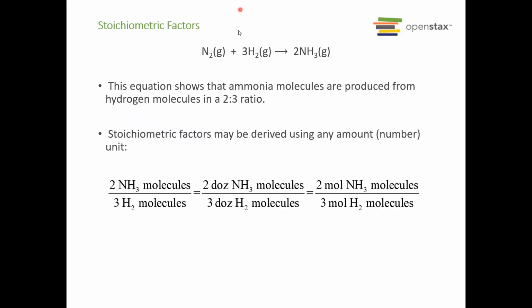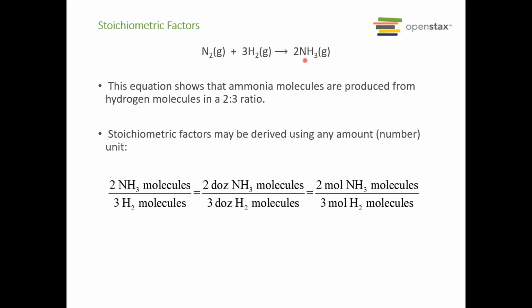So if we look at the Haber process, nitrogen and hydrogen combining to form ammonia, what this is telling us can be interpreted in a couple different ways. So we could think of it as 1 molecule of nitrogen plus 3 molecules of hydrogen give us 2 molecules of ammonia.